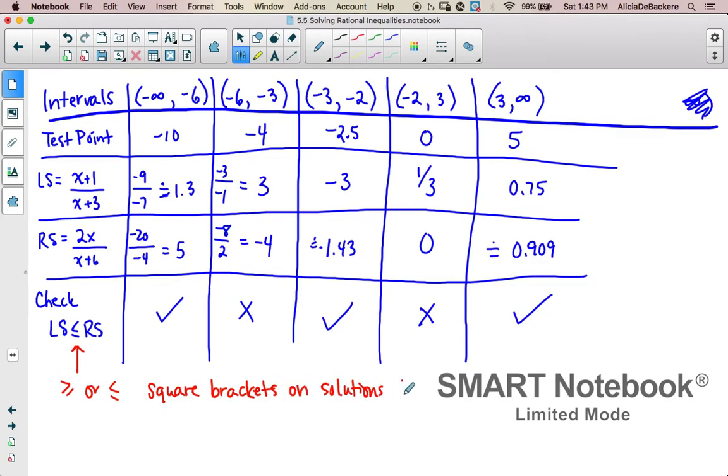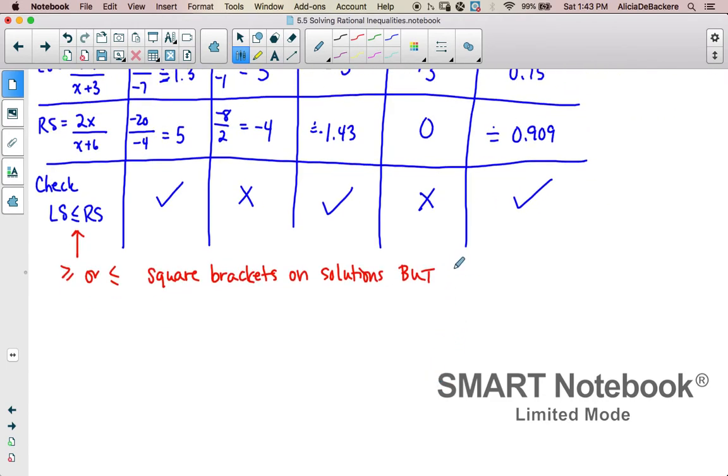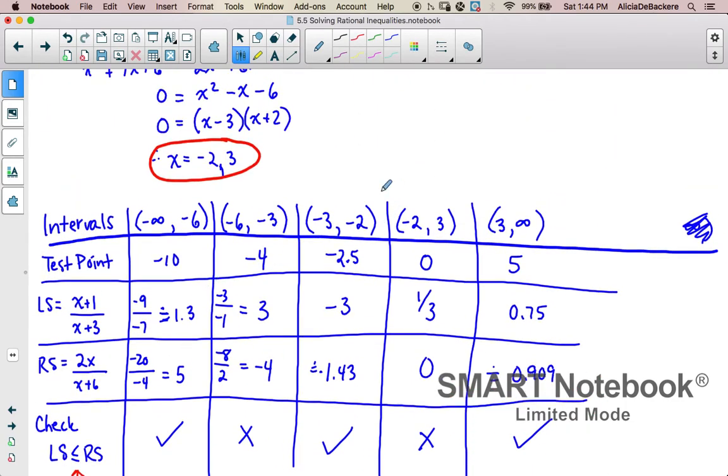But you can't use square brackets on restrictions, right? That doesn't make any sense. You can't include a restriction. So making sure that you only change the brackets on the solutions. So remember, this guy is a solution, so he needs a square bracket. And this guy is a solution, so he needs a square bracket, right? I'm looking at these 2 numbers here. I will not put a square bracket on -3 because that was a restriction, and same with -6.